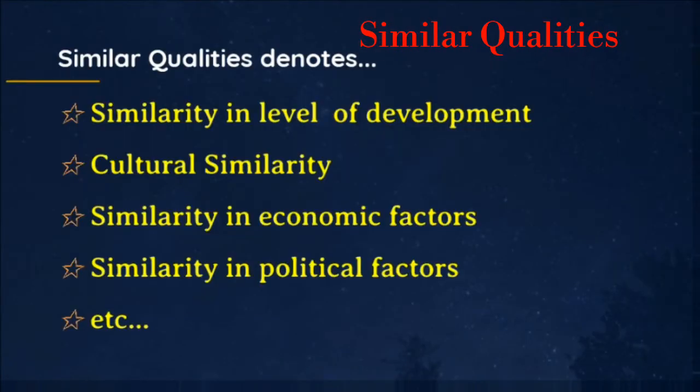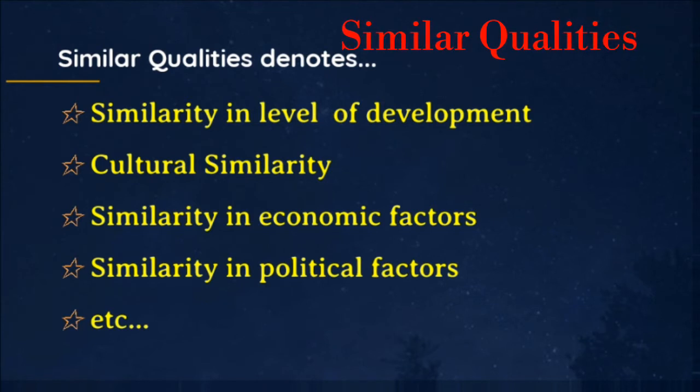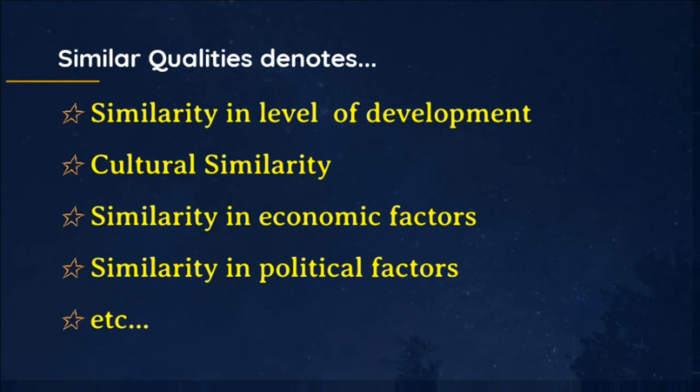Here similar qualities refers to similarity in the level of development, cultural similarity, similarity in economic factors like saving rates and income level, and similarity in political factors, etc. According to him, countries with similar qualities are more likely to trade with each other.